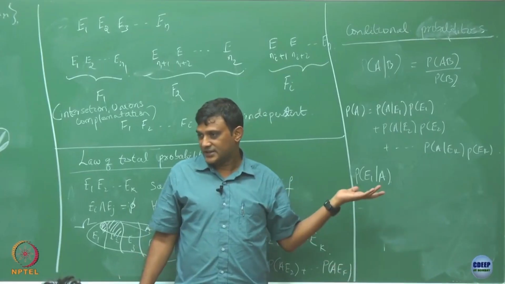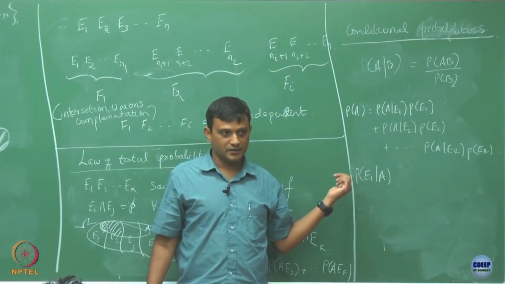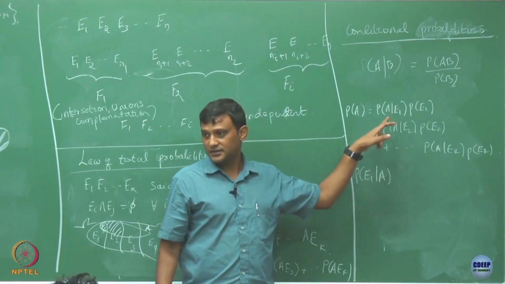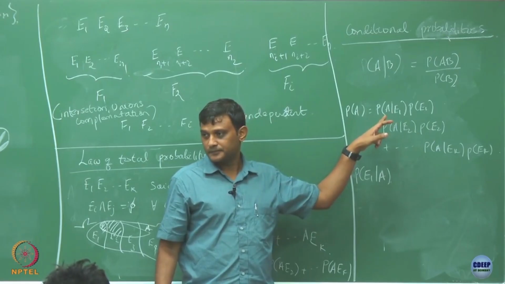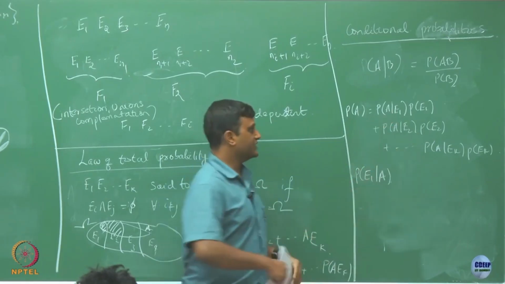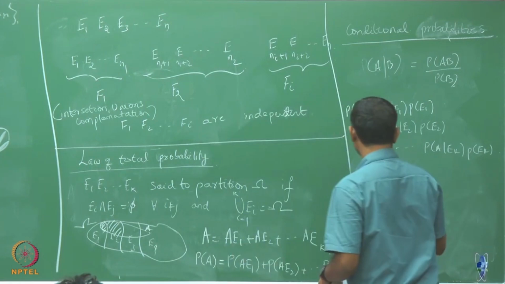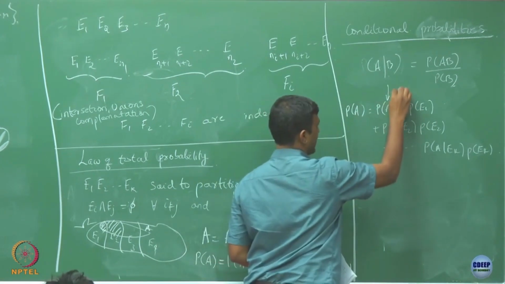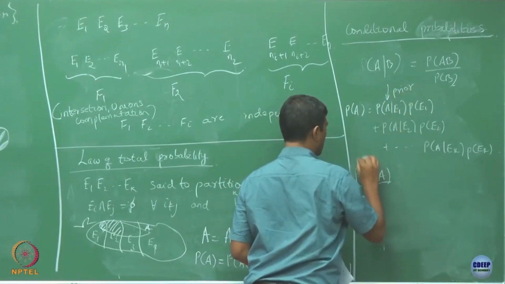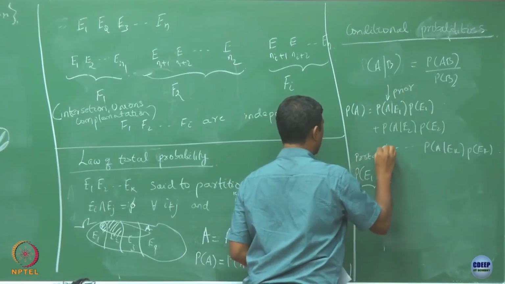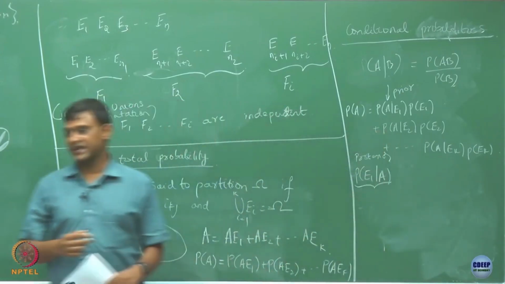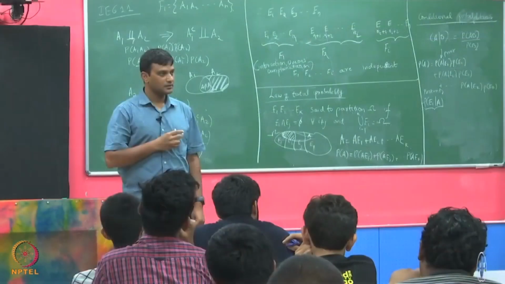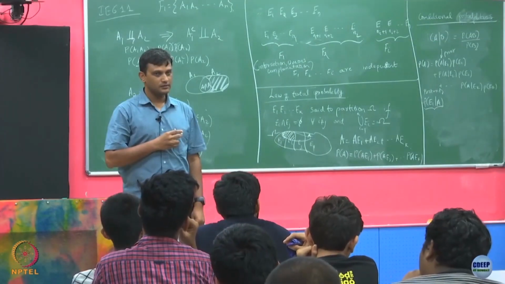Now what is the probability that it is due to E1? Let me call these posterior probabilities and these prior probabilities. Can you express my posteriors in terms of the priors? How?